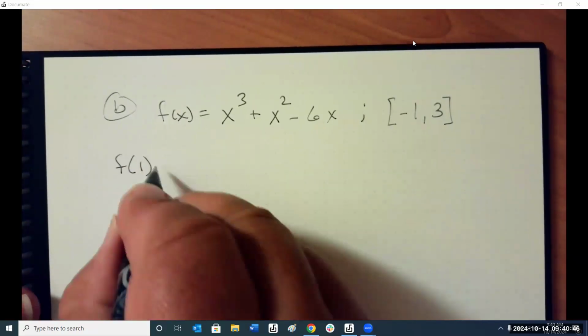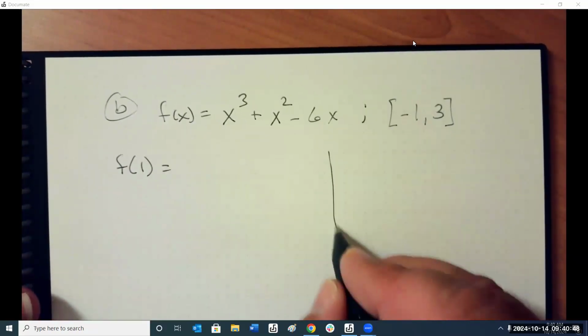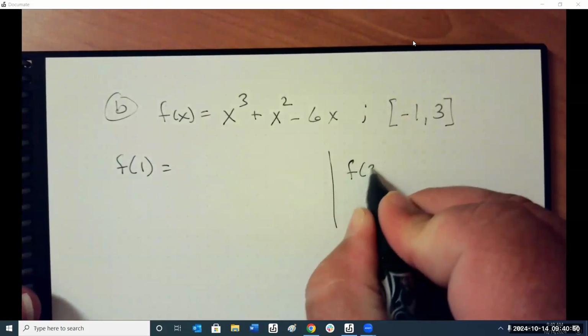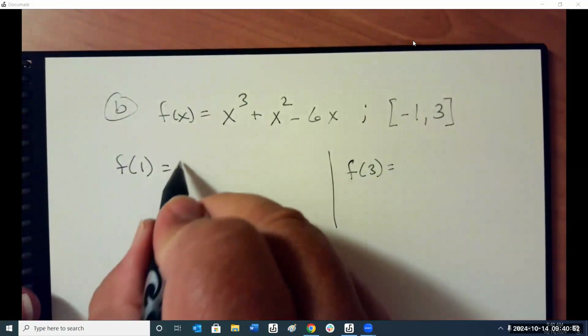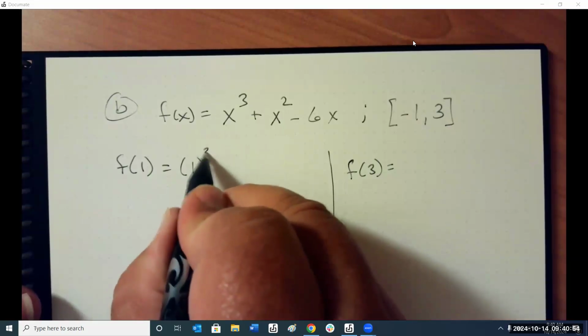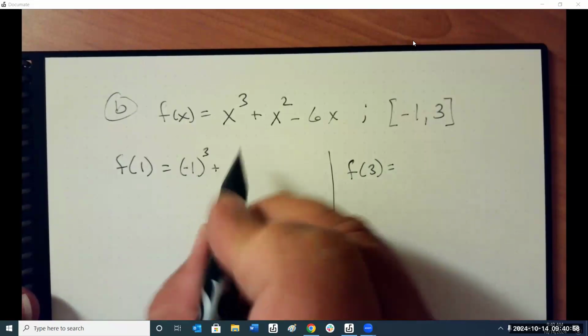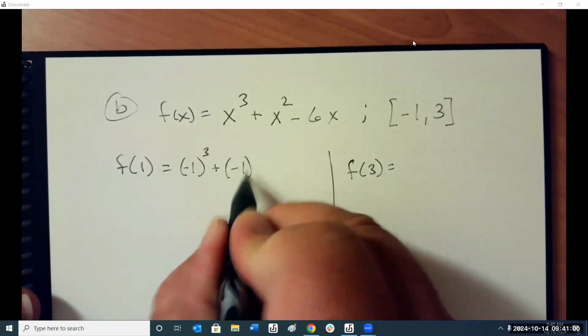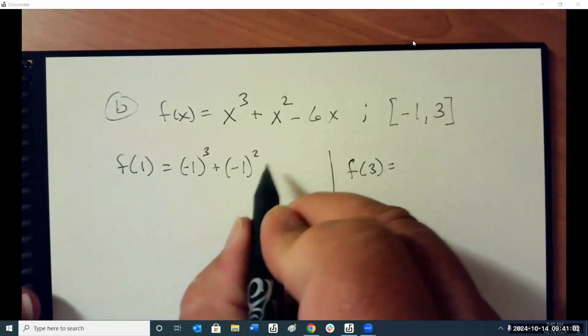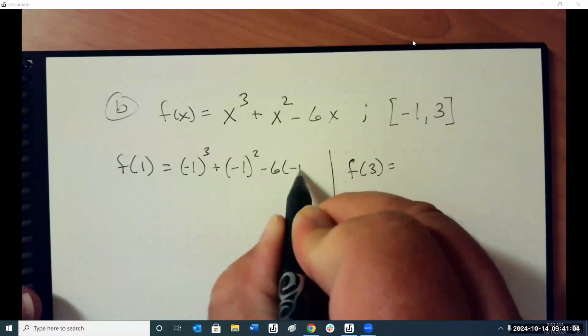So plug in -1 and plug in 3. Wait, wouldn't we be plugging in -1? Yeah, -1, yes. Minus 6 times -1.